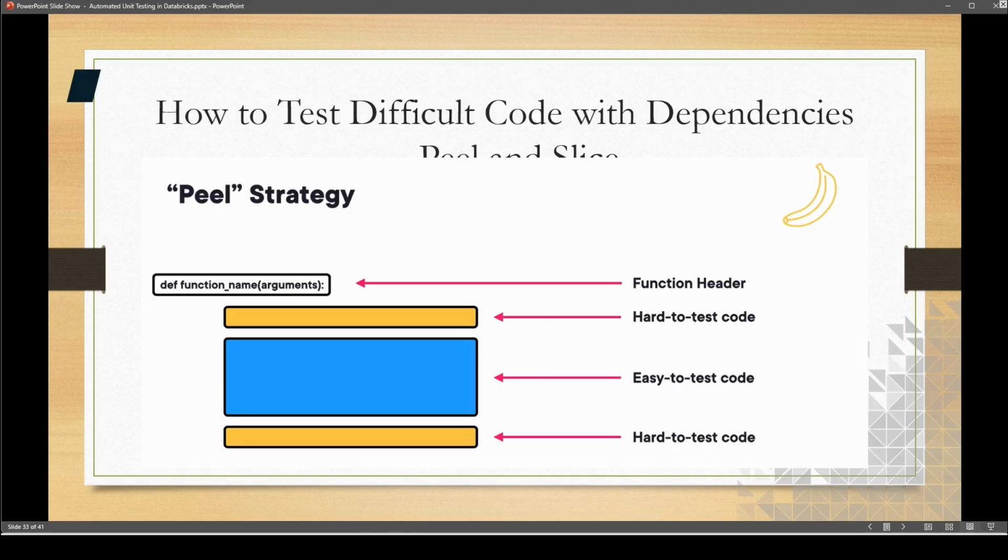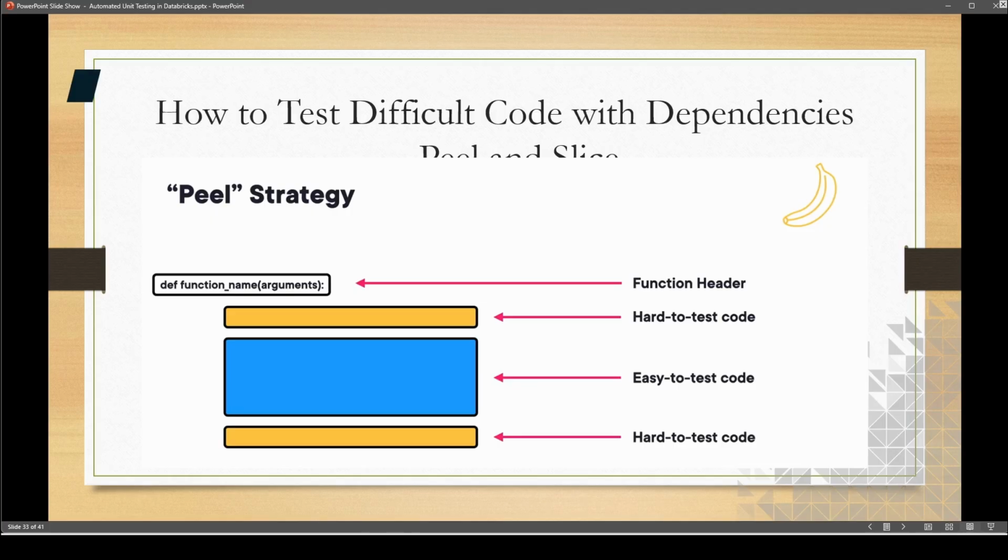Let's say that's the function you want to test. You have some def in Python, and that's your code. There's some hard-to-test code, like external dependencies, highlighted in yellow. But the part highlighted in blue is your easily testable code. Because of this yellow part, we cannot test it.